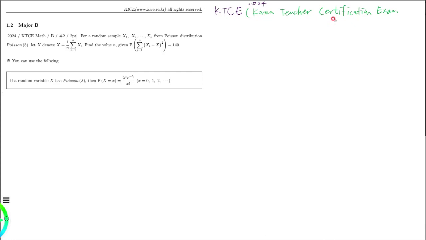This is for both public and private school nowadays.